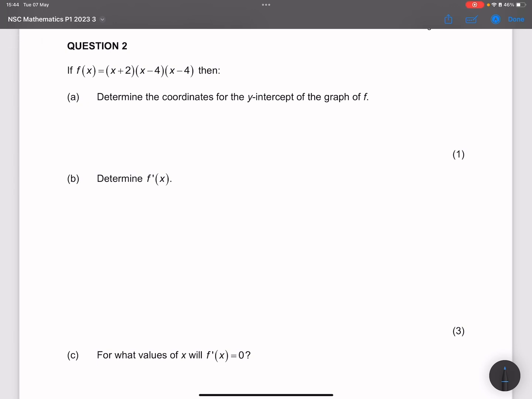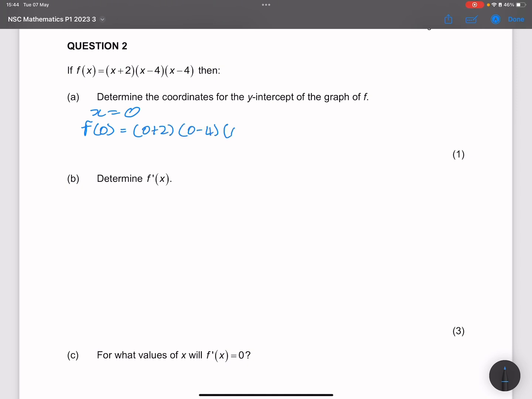So they say if f of x is equal to (x plus 2)(x minus 4)(x minus 4), then determine the coordinates of the y-intercept of the graph. Now note, what happens at the y-intercept? We know this is where x is equal to 0. So f of 0 is (0 plus 2)(0 minus 4)(0 minus 4).